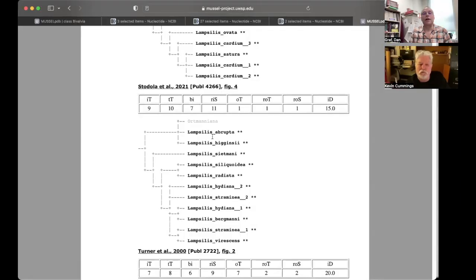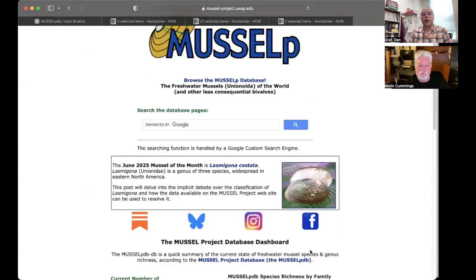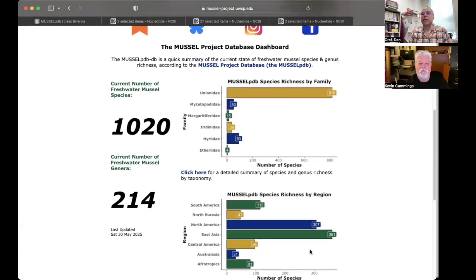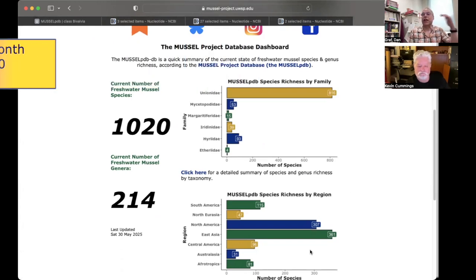I'm going to go back to here to sort of point out at the end. Let's go home to the dashboard here. I mean, over last year, I think it was, or maybe the year before, we went above 1,000 species, which was good because people for as long as I've been thinking about freshwater mussels have been saying there's 1,000 species, even though when we did our first checklist in 2007, there were only 840.